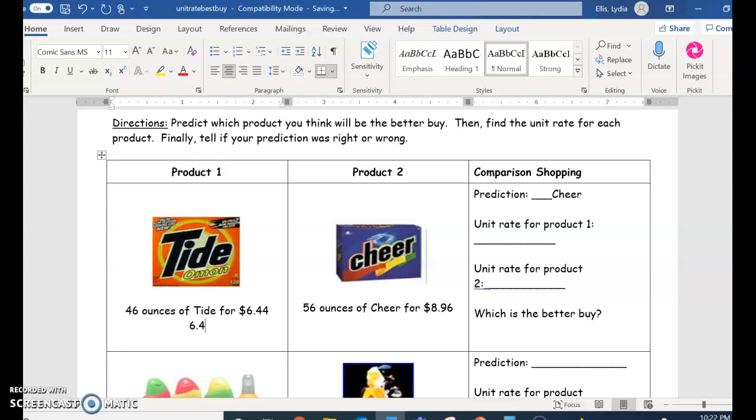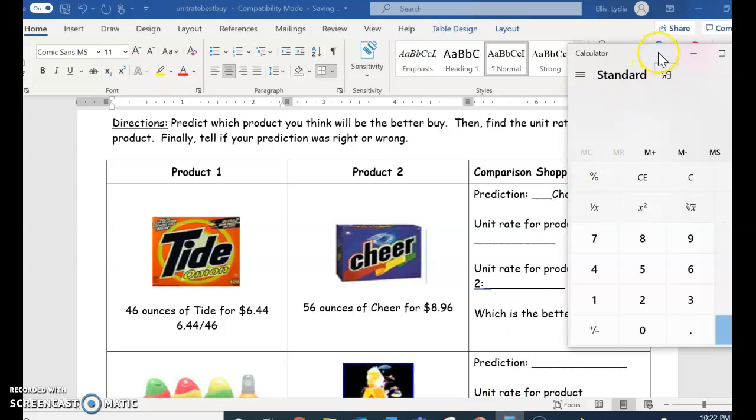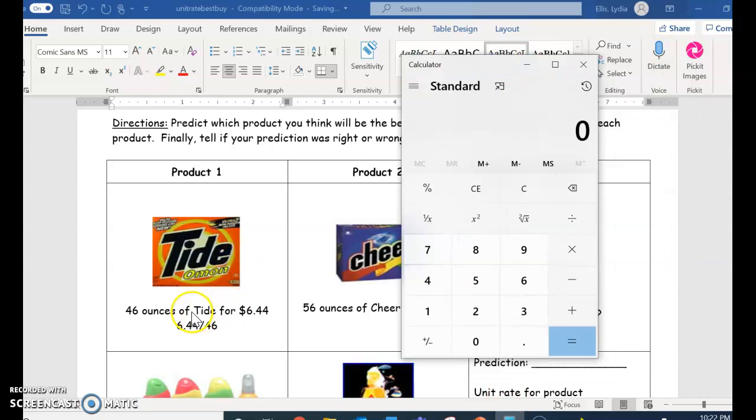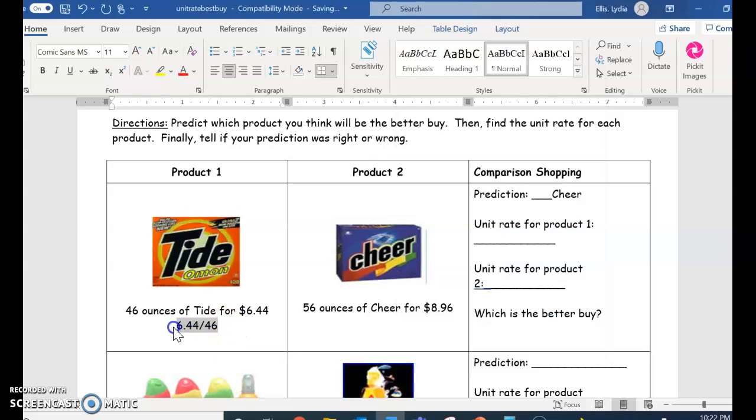So here I am typing in $6.44 divided by 46. Use a calculator. I am going to find the unit rate to figure out how much money it costs for 1 ounce in Tide. So I'm typing this in the calculator.